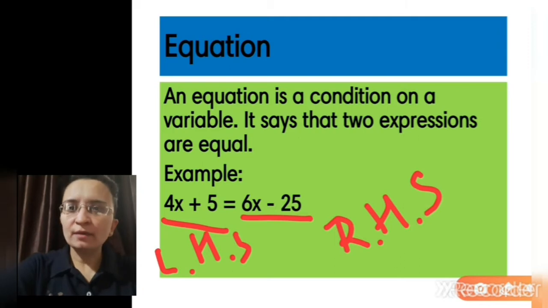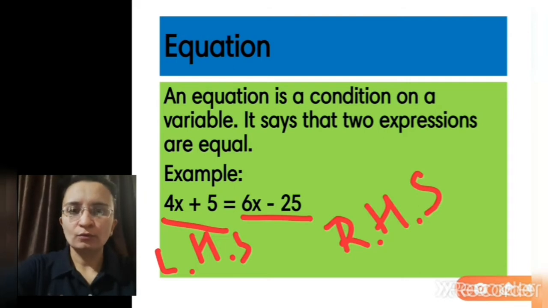Always remember there is an equality sign, sign of equals to in equation, and the value of both the sides, left hand side and right hand side, remains the same. And third point to remember is, if we interchange left hand side to right hand side and right hand side to left hand side, the value remains the same.